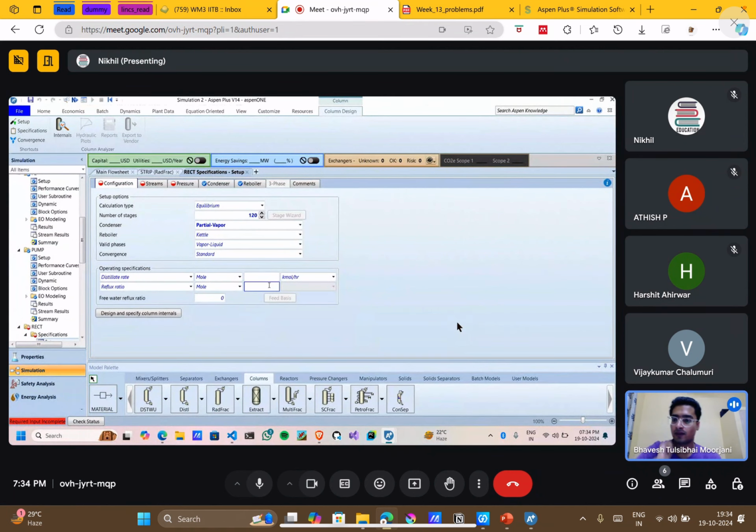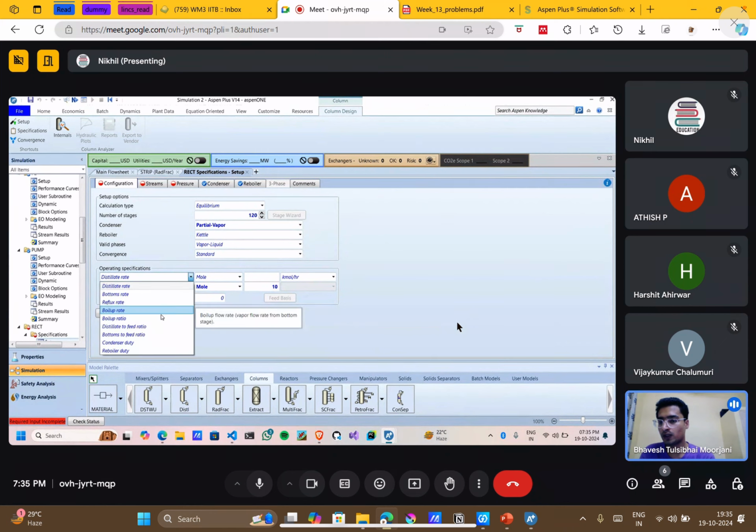Okay. Reflux ratio is 10. And then the bottom to feed ratio is given as 0.6. So instead of distillate rate, select the bottom to feed ratio. In the operating specification, where you have distillate rate, change it to bottom to feed ratio, and that is 0.6.